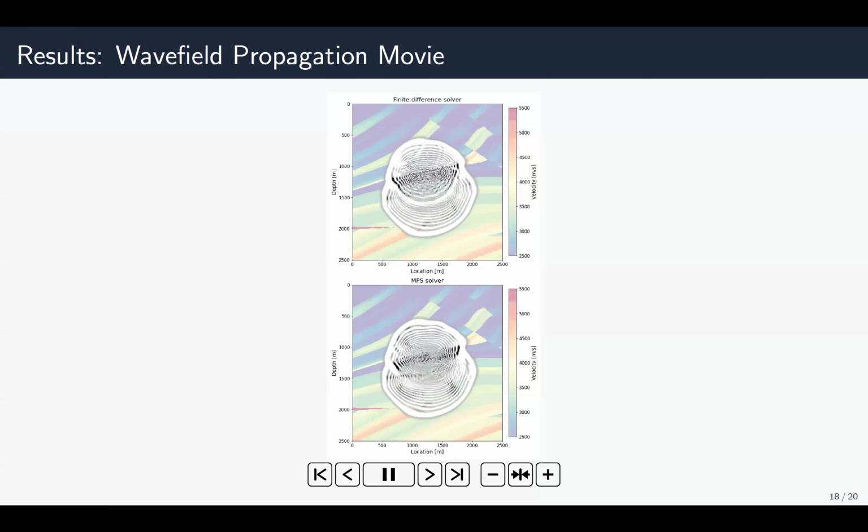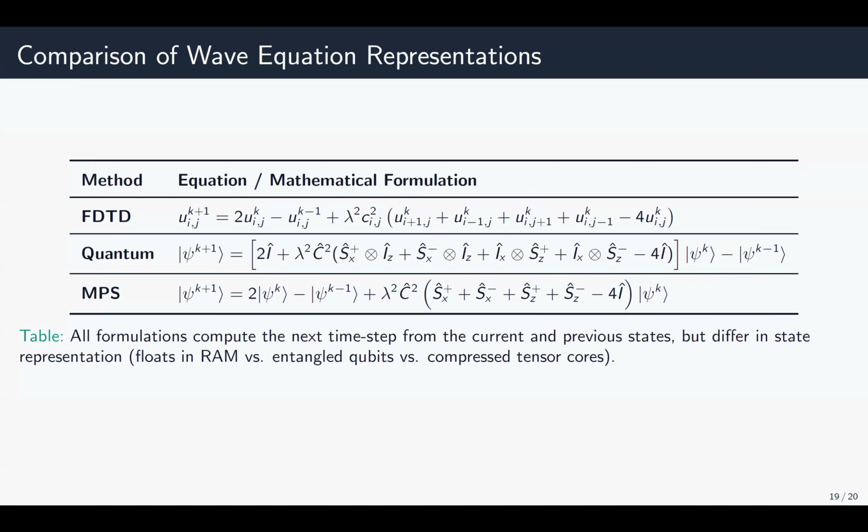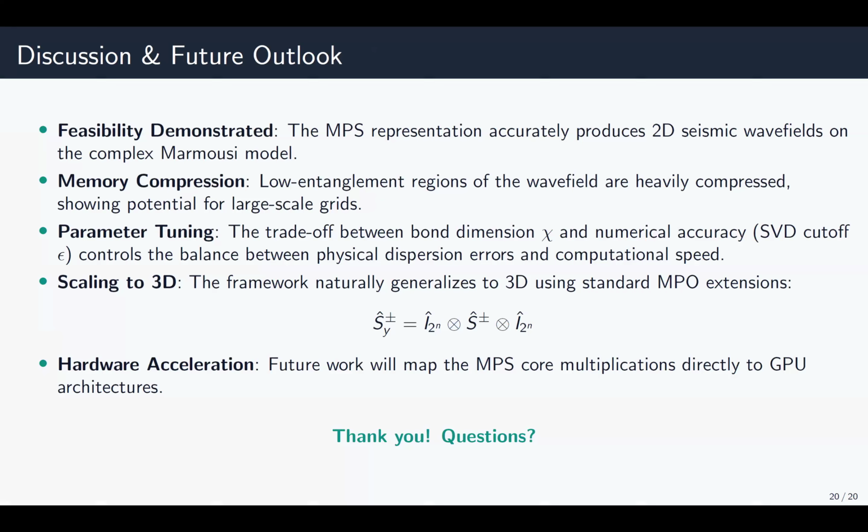So this is how the wave explodes from the middle. And then I just summarized that this is the discretized version. The quantum version would operate on a quantum computer with the gates I showed you. And then this is the matrix product state simulation basics.